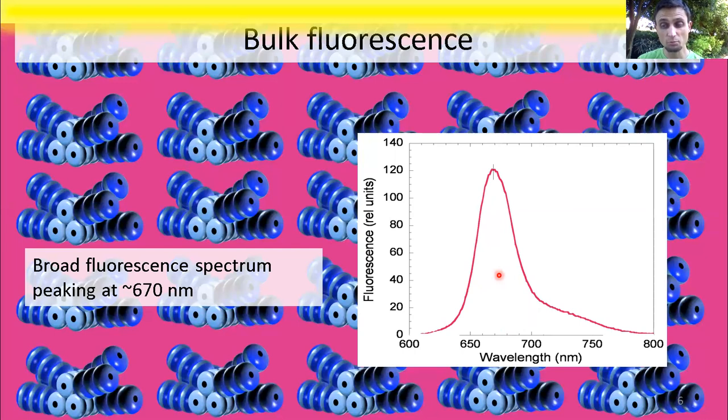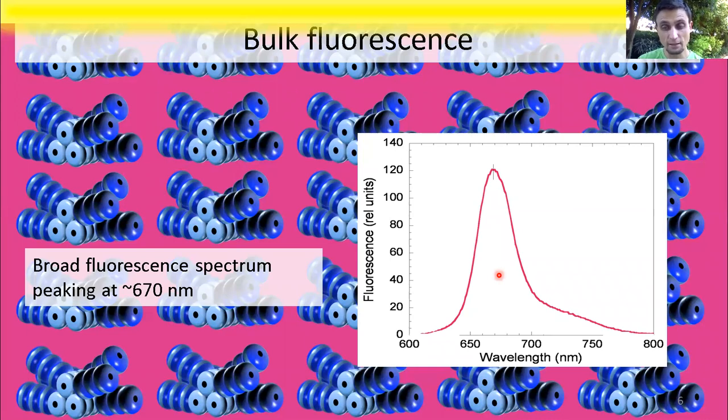So in these ensemble measurements, it becomes impossible to disentangle the individual conformational and spectral states and the associated dynamics. And that's why we need a probe that allows you to monitor the state of individual proteins.